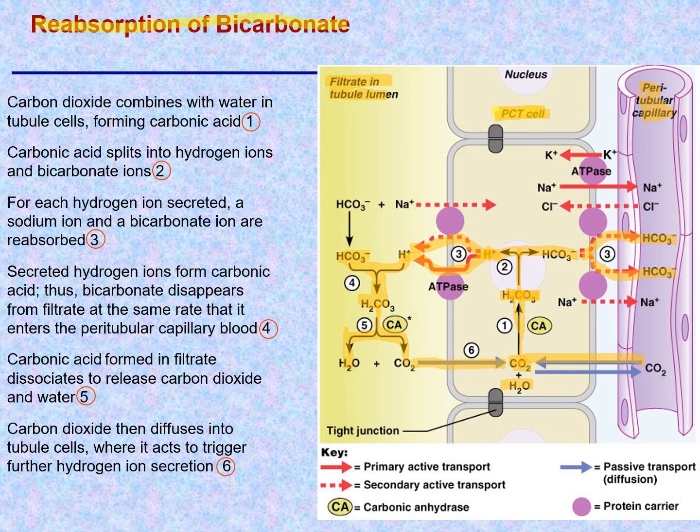The end effect is that hydrogen ions are secreted and bicarb is reabsorbed, and the reabsorption of bicarb is therefore the equivalent of hydrogen ion secretion, and therefore the pH goes up. This would occur if the pH is too low in the body. That's a very important mechanism, reabsorption of bicarb to control pH, in this case to raise the pH if it's too low.